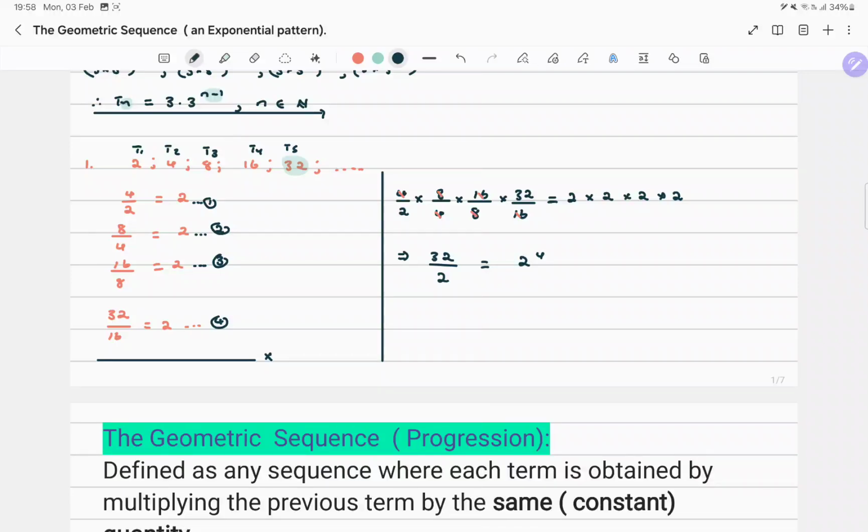Now, we just wanted to find out, could we define this term in terms of everything, because that would be the last term. Of course, this is over 1, cross multiply. Therefore, we can see that 32 is indeed 2 times 2 to the exponent 4.